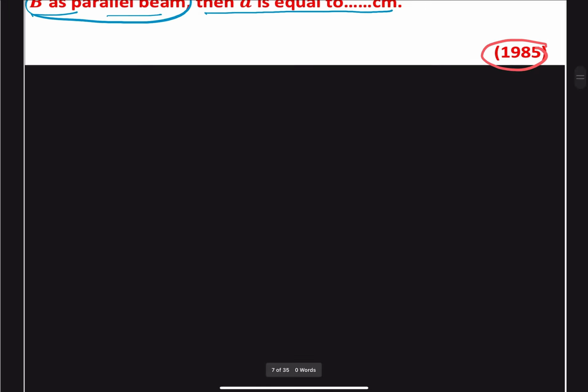So we can draw a rough approximate diagram. This is our first lens, and this is the principal axis, and we have a second lens, and we have a parallel beam of light.